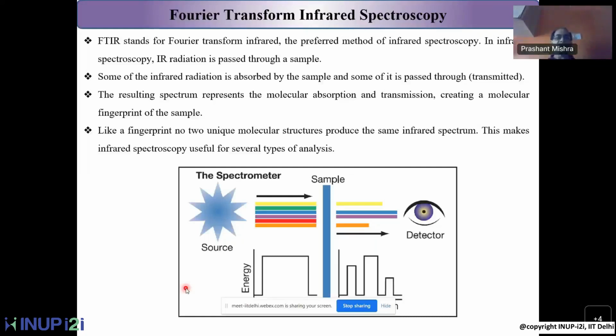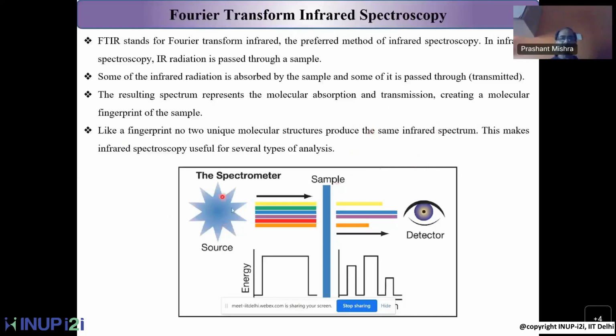The resulting spectrum represents the molecular absorption and transmission, creating a molecular fingerprint of the sample. So for each molecule, you will have a very specific fingerprint. Like a fingerprint, no two unique molecular structures will produce the same infrared spectrum. This is why each molecule will have a very different spectrum, and that's why you can analyze them.